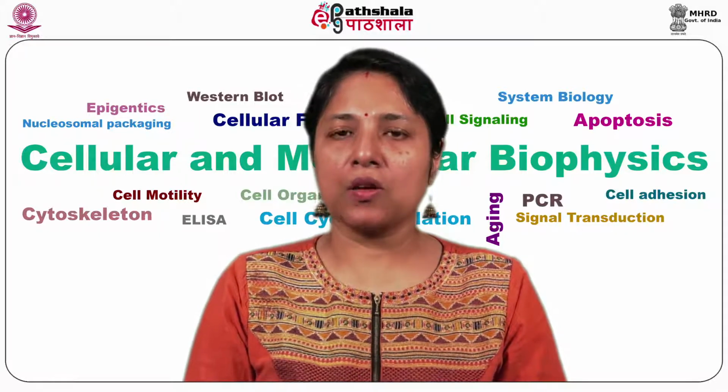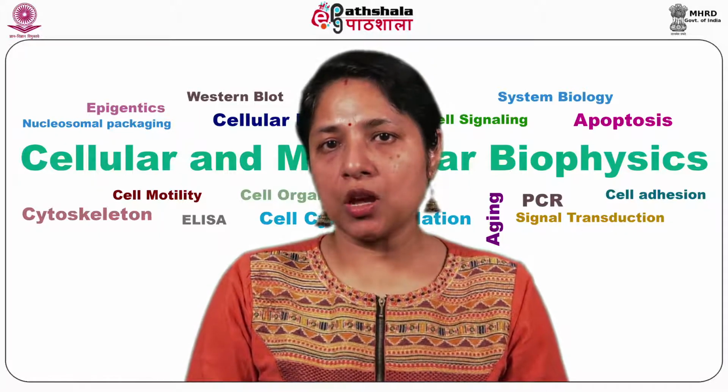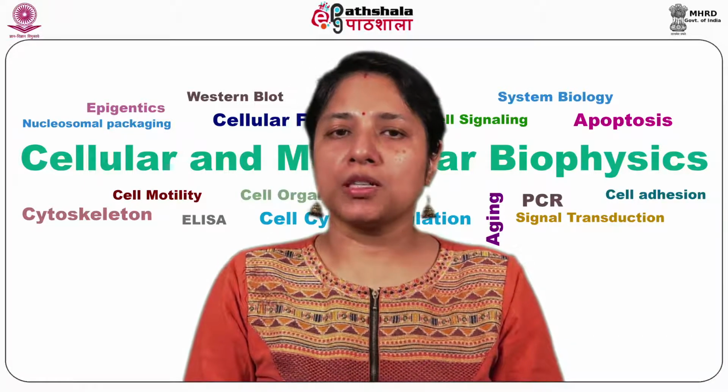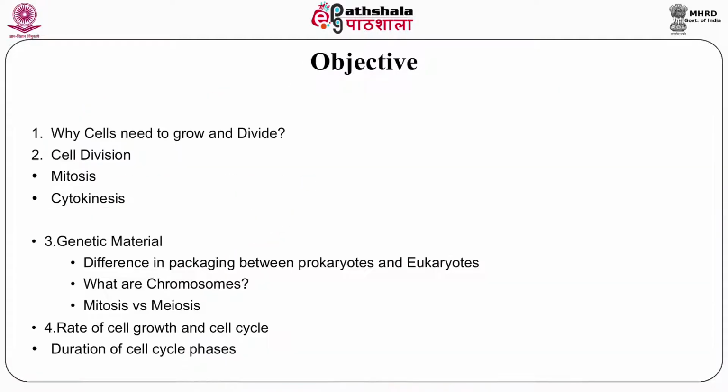Various aspects of cell growth and cell division will be discussed in this module with the following objectives in mind. To start with, the first objective is why cells need to grow and divide. The second will discuss cell division, the two main methods of cell division, mitosis and cytokinesis.